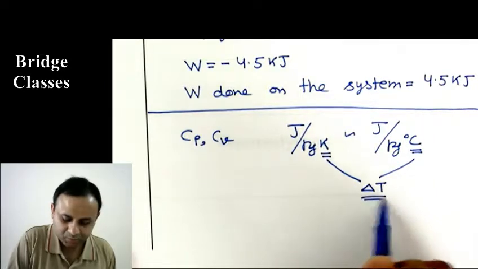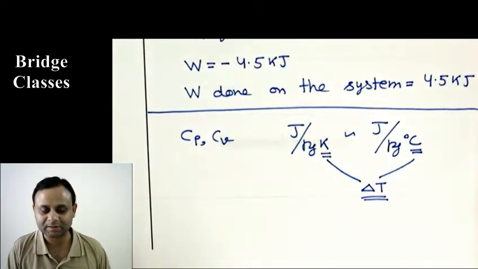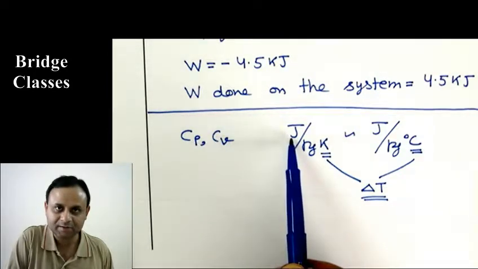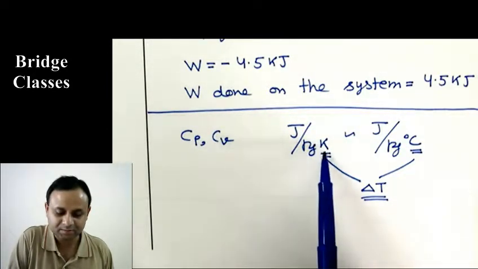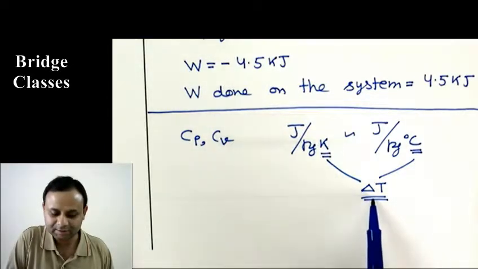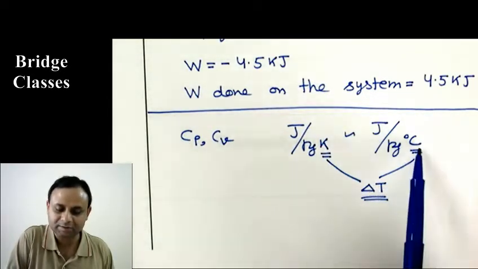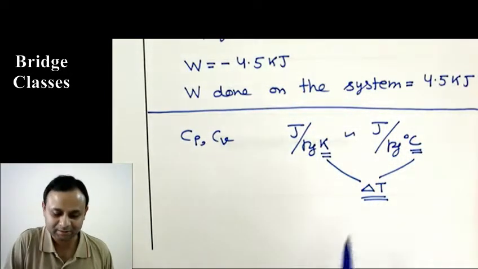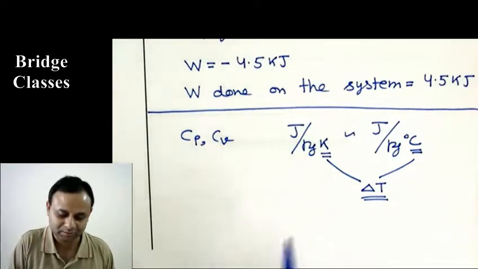They don't correspond to temperature, they correspond to change in temperature, because specific heat is amount of energy required per unit mass per unit change in temperature, and change in temperature is same whether you take in Kelvin or in Celsius. Okay, so don't try to add the 273 thing here and confuse. It is going to be same.